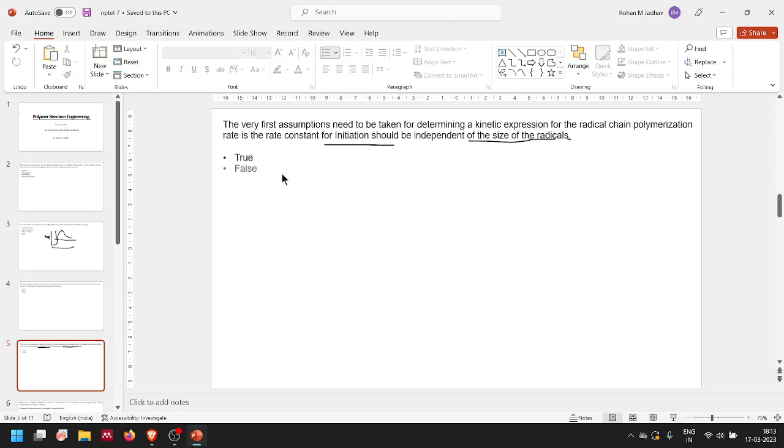So that's why this statement is false. In that case, the kp and kt terms are not dependent upon the size of the radicals, and initiation is not dependent upon the size of the radicals either. So that's why this assumption is false.